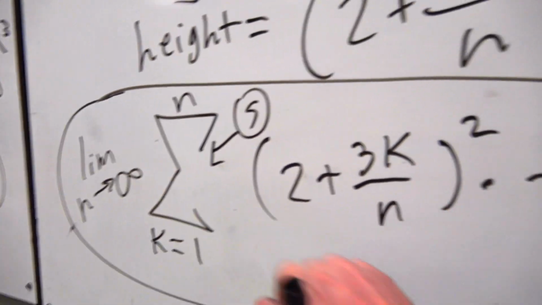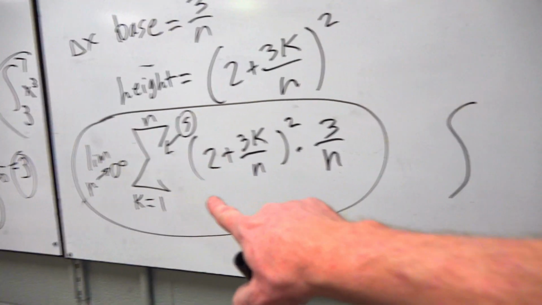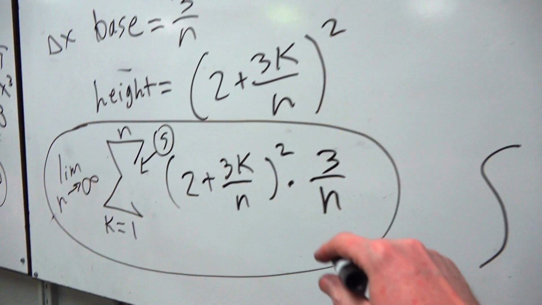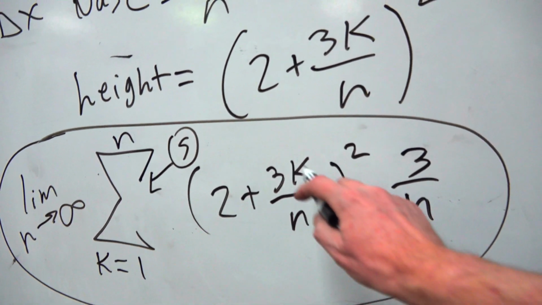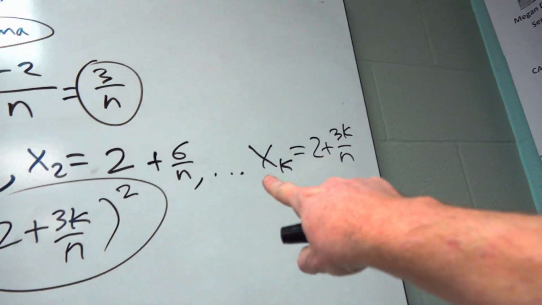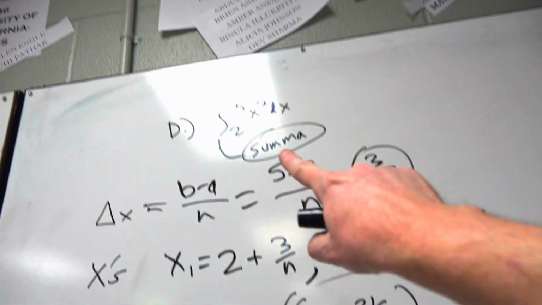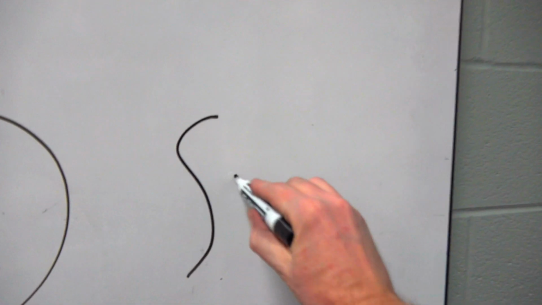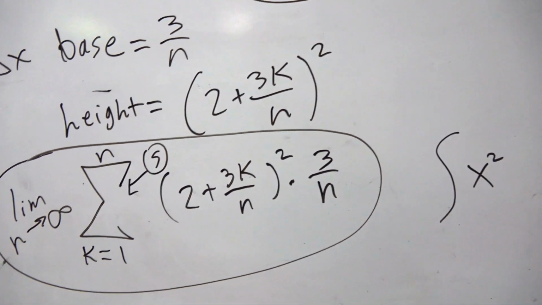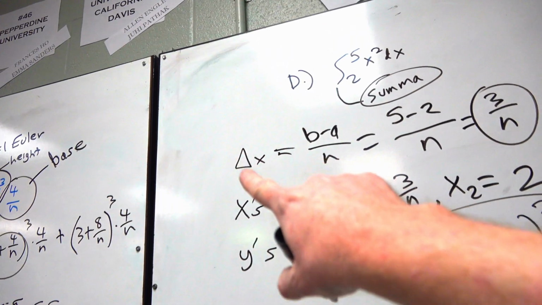The integral is just like the sigma. So that really is an integral, all right? Now, this right here, isn't 2 plus 3k over n the x? Isn't that really x squared? Oh yeah, that's what we were doing up there. Okay? Now, isn't 3 over n called delta x?